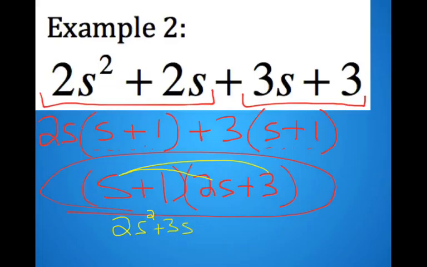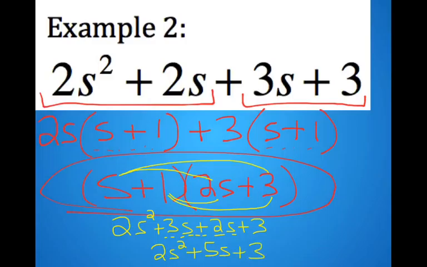And now I distribute the 1 to both terms, so 1 times 2s is 2s, and 1 times 3 is plus 3, and then we're able to combine those two middle terms, so that's 2s squared plus 5s plus 3. And you can see it is, oops, I went one step too far. So this is the same as what we started with. If we combine like terms, then we'd have a trinomial.